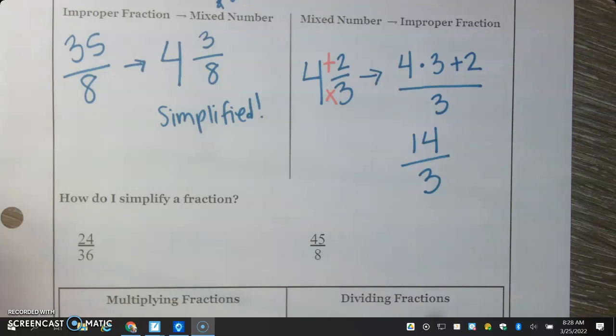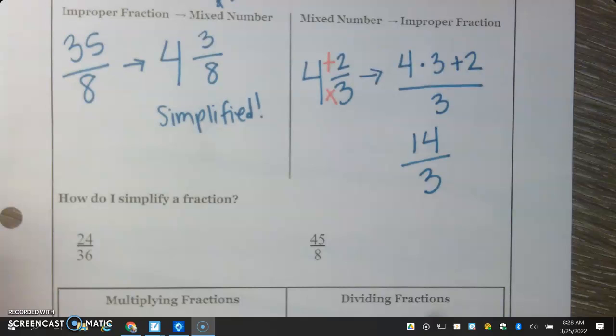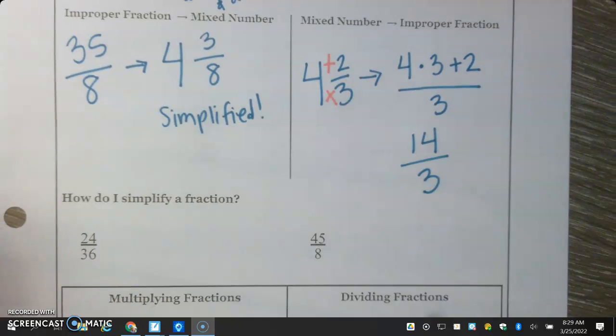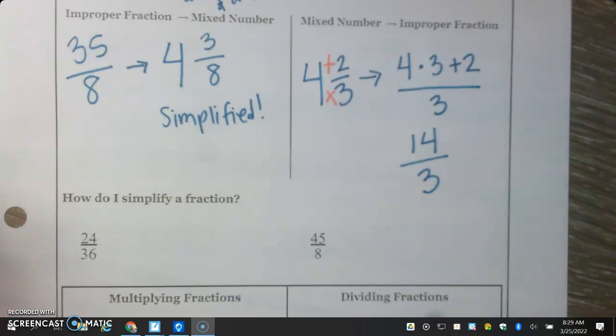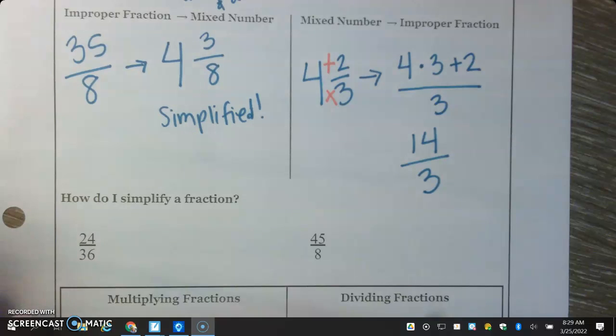Alright, moving on. How do I simplify a fraction? Simplify means to get to its simplest, smallest, easiest terms. That way it's easier to work with. So I've got 24/36. To simplify that, I need to find the greatest common factor they both have. So I'm going to list the factors next to them.